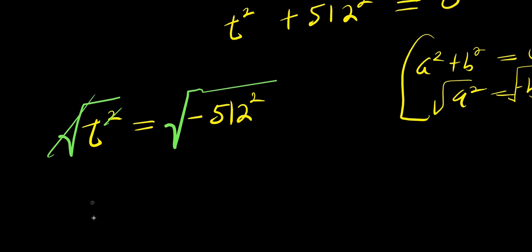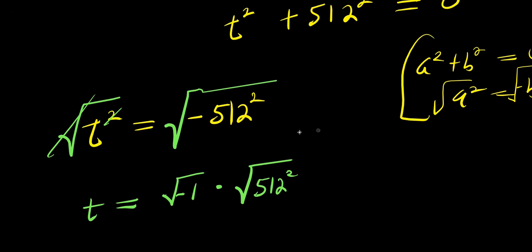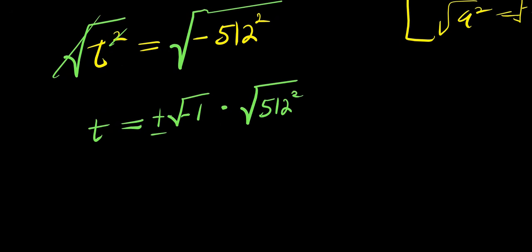This cancels this and we have t equals, for this, there's minus here. I have square root of negative 1 times square root of (5/2) squared. And meanwhile, since we are taking the square root, there is plus or minus here. So from here, square root of negative 1 here is iota, that is i. So I have t equals plus or minus i times this, cancel this, right?